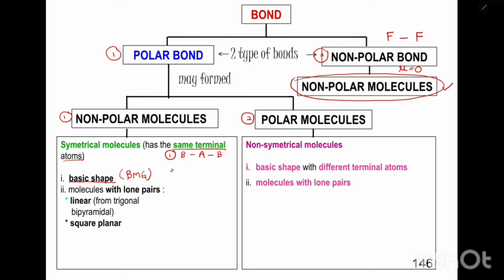So this is linear. And then we have trigonal planar, bonded to 3. And then we have tetrahedral, A, B, which consists of 4 bonding pairs. And then we have trigonal bipyramidal, so A bonded to 5 bonding pairs.